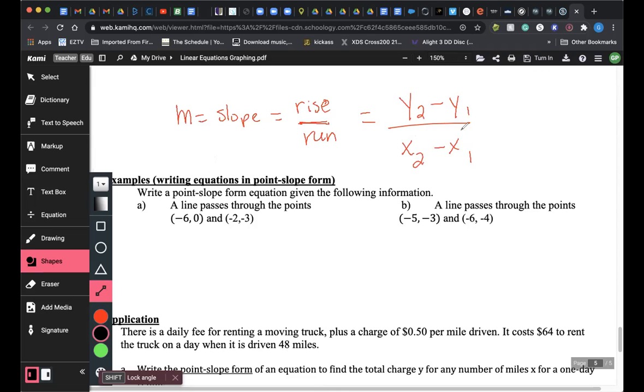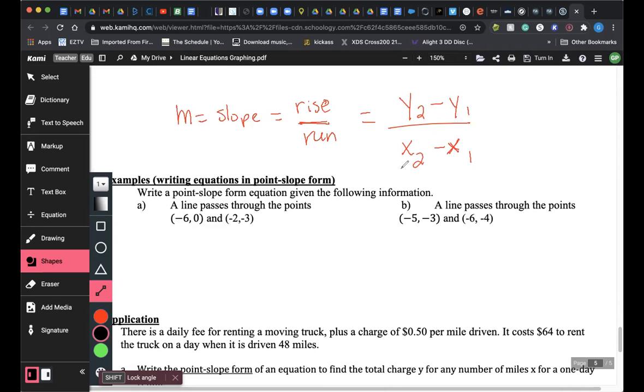So you define it as y2 minus y1, or the y coordinate in one point minus the y coordinate in another point, divided by the x coordinate in one point minus the x coordinate in another point. And it doesn't matter which point is point 2 or 1, as long as you are consistent.